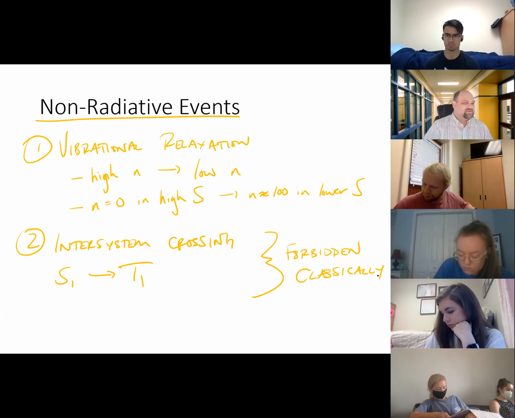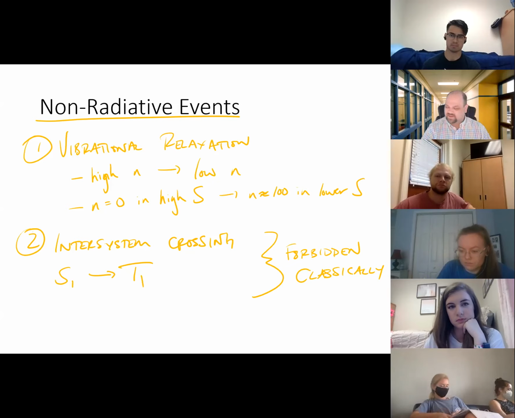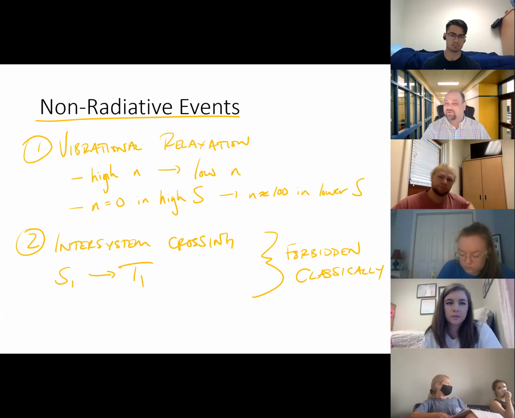Right? But we're not talking about classical physics, we're talking about quantum physics, and strange things happen in quantum physics. And so even though this is forbidden, it does happen, but it happens at a very, very low level, right? This is not a common occurrence. For some types of molecules, for some materials, it happens more often. But generally speaking, it's not a very common occurrence.